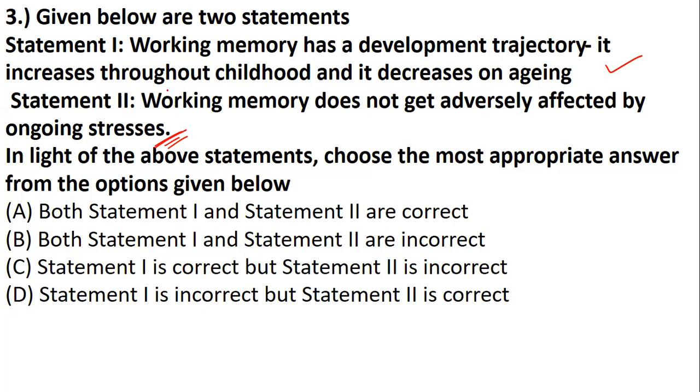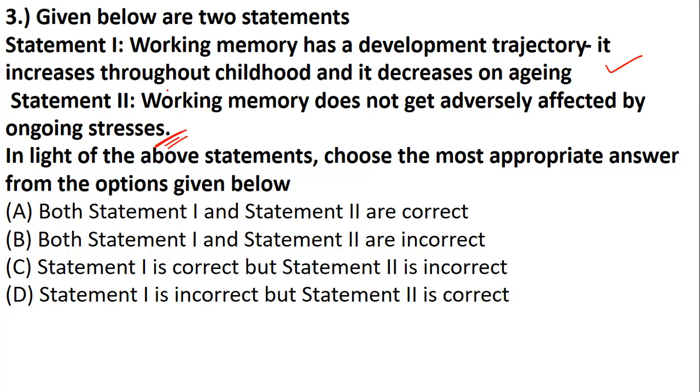So stress has a very powerful influence on the memory, and it impacts depending upon the type of memory. But yes, acute stress, if you are taking stress at a very high level, will definitely disturb your working memory.